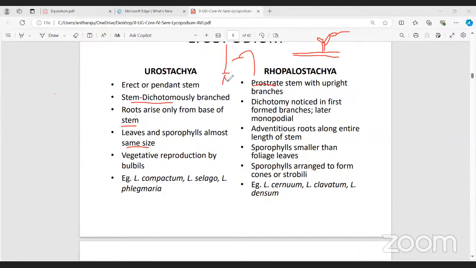But here, the same adventitious roots do not arise from the base only, but from the entire length of the stem, as it is a prostrate one.